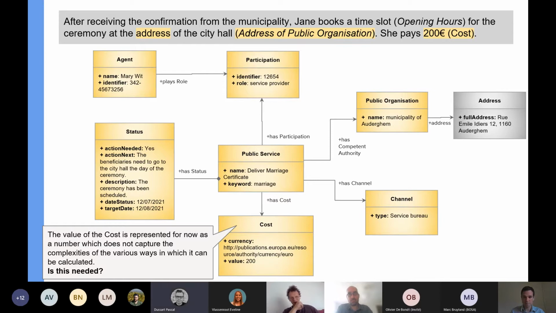Not at the Belgium level. But you need some extra field on cost, or on the relation has cost, defining the broader context in which this cost is applicable. Some free text, so you can interchange that information also. Makes sense. Other opinions about the cost?